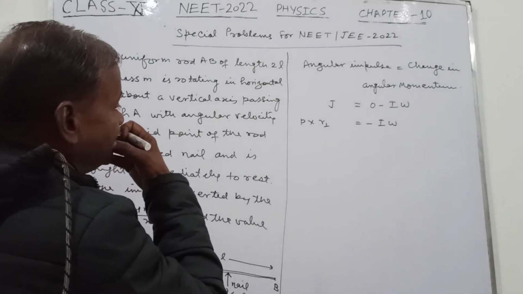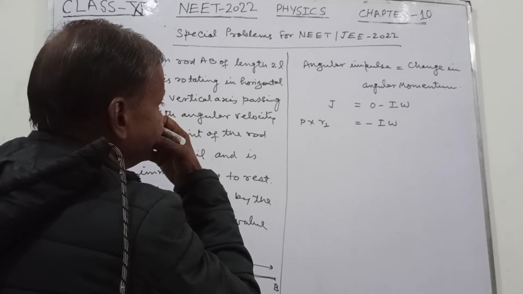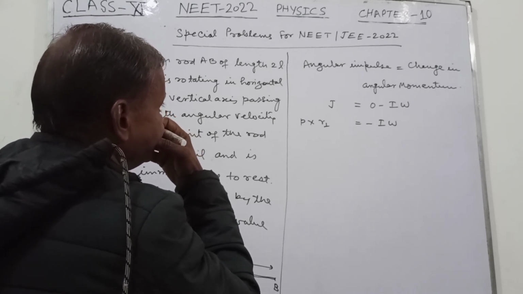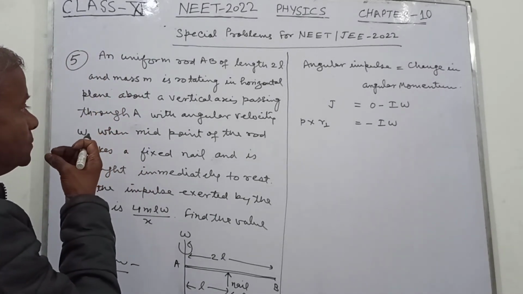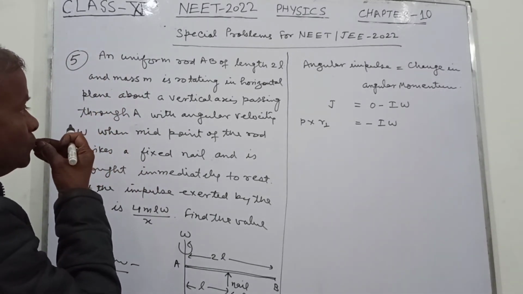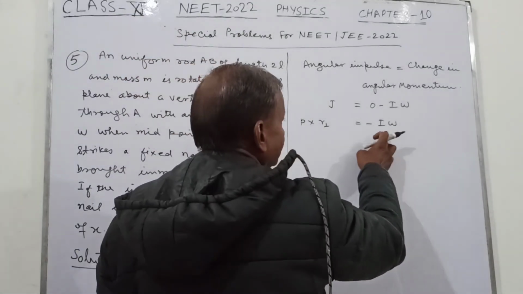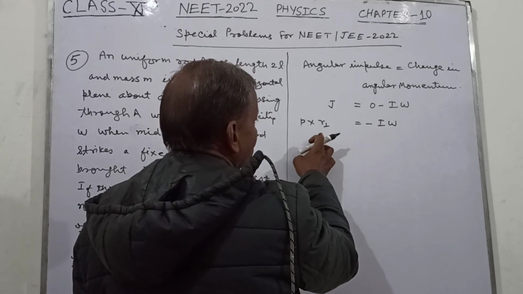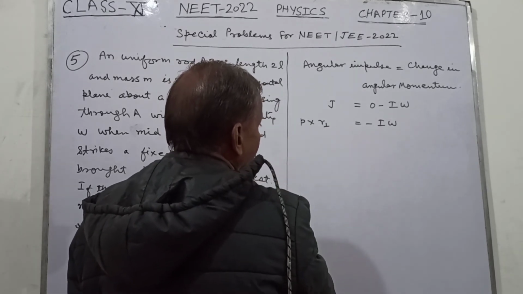J is equal to I M into B, the angular impulse. This is the angular momentum, and this angular momentum is equal to so much. P is the linear momentum.